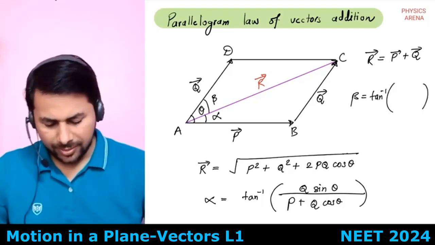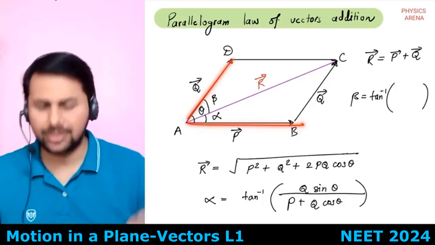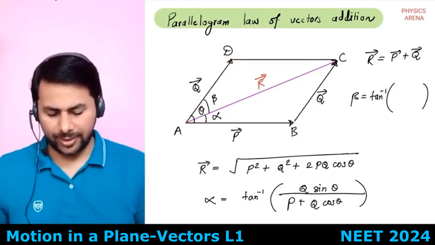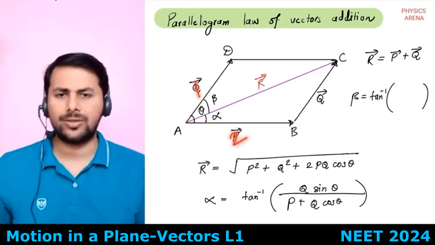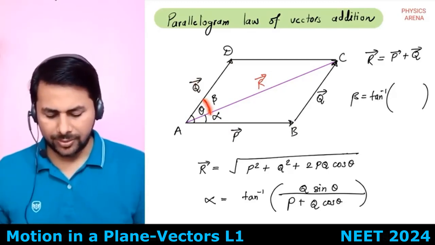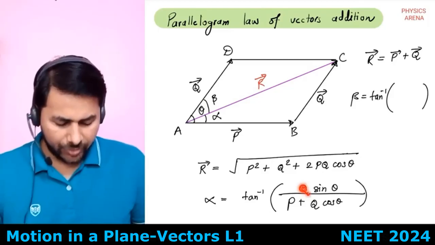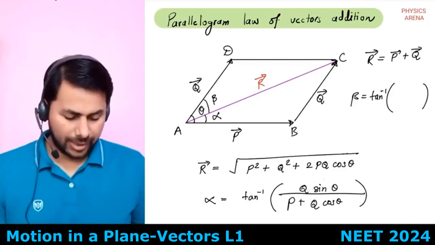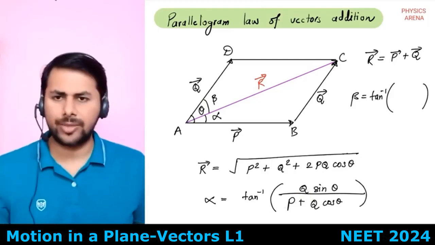I can say this is the first vector and this is the second vector, or I can say this is the first vector and this is the second one, and find the angle between these two. So where you have q, just make it p, and wherever you have p, just make it q.